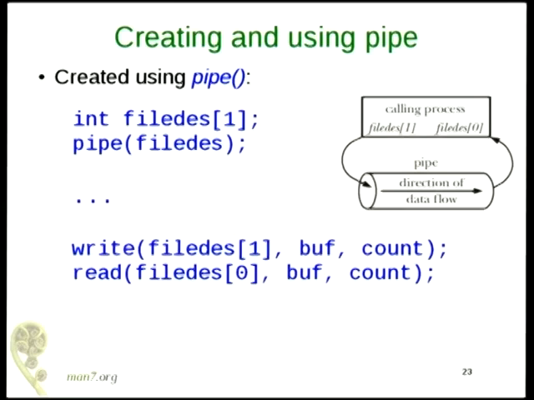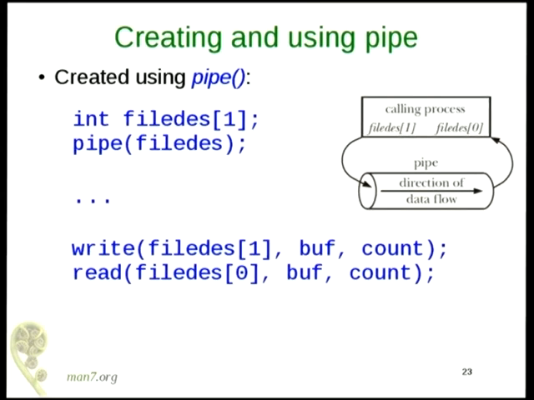So the way you create a pipe is with the pipe system call. What you do is you give it, oh, that's a typo there. That should say file descriptors, there's 2 there. You give it a 2-element array of integers. Pass that as an argument to pipe. What it does is create this pipe, and the 2 array elements are the file descriptors that point to the read end of the pipe and the write end of the pipe.